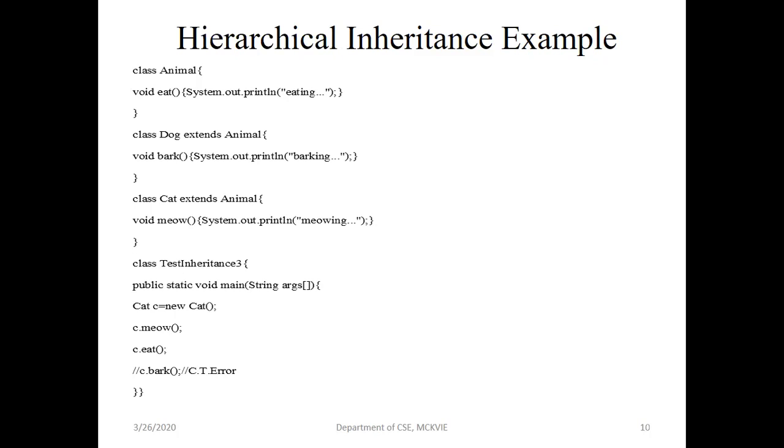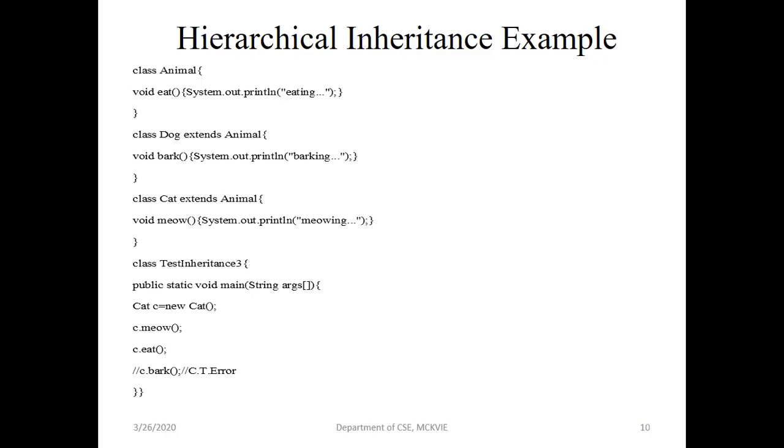bark is defined inside the class dog, which basically resides as a sibling of this class cat. So the methods which are defined in the sibling classes cannot be implemented in the class cat, or rather in classes which reside at the same level.